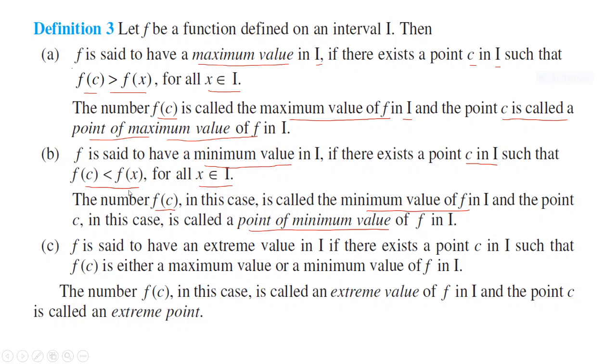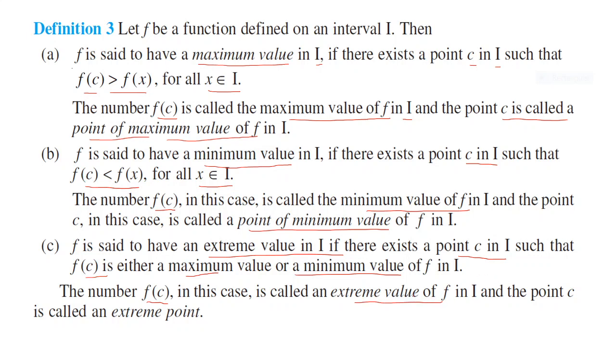If f of C is either a maximum or a minimum value, then f is said to have an extreme value in I. The number f of C is called an extreme value of f.